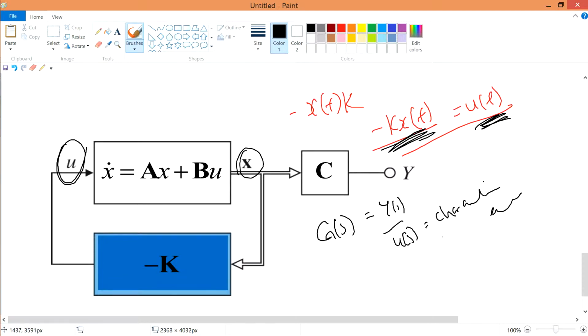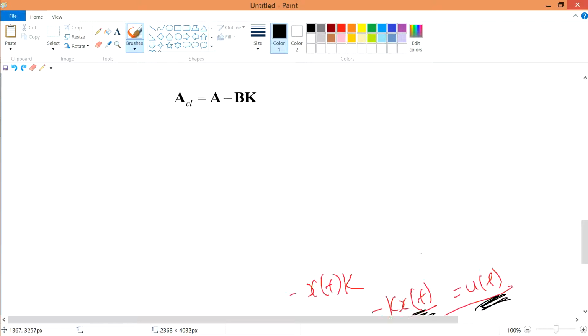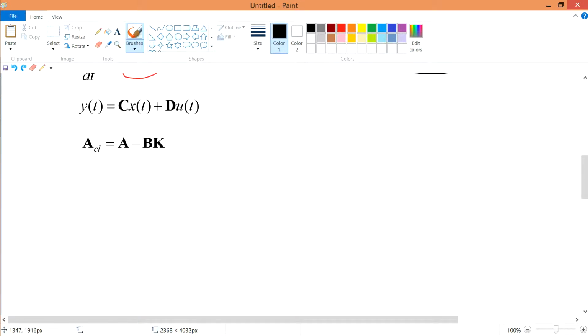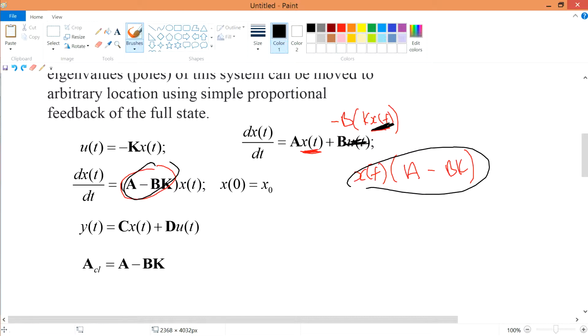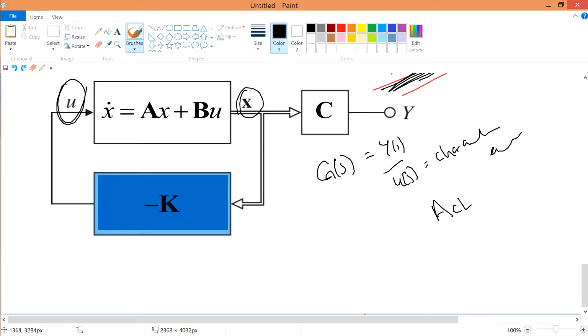In our case, from the previous video, the Diophantine characteristic equation is A_CL, which equals A minus BK. This is the denominator of your transfer function.